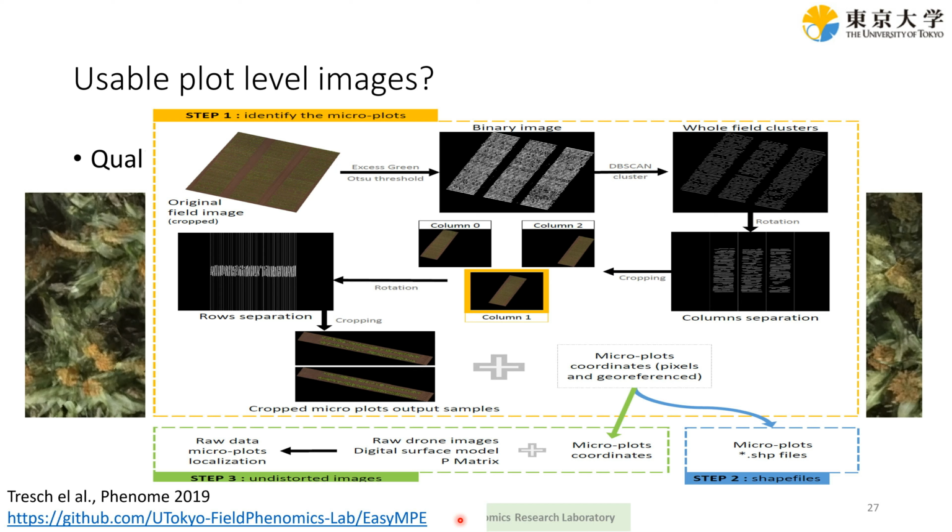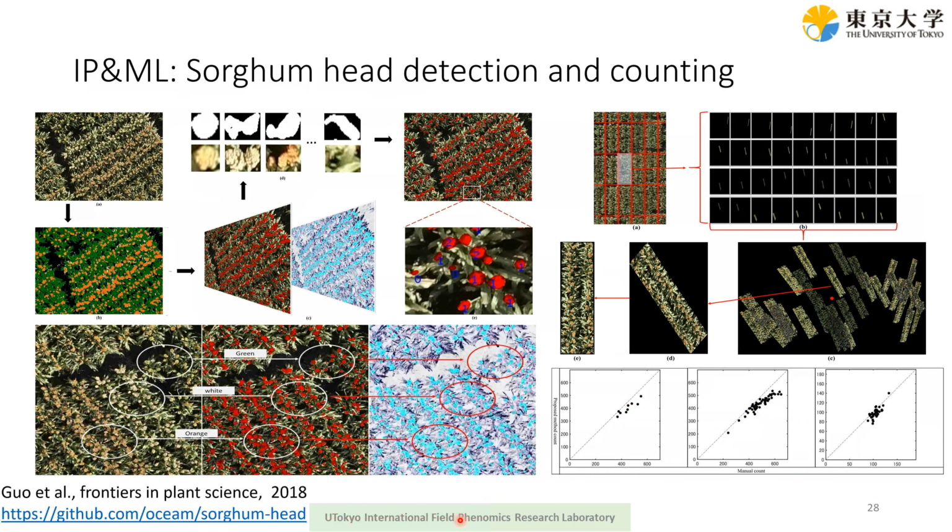After we got these stable plot level images, we started to think about making the image processing and machine learning models to achieve the final target, which is detecting the sorghum heads and counting the number of sorghum heads per plot. We proposed a two-step machine learning strategy, which is still a very typical machine learning and image processing solution.